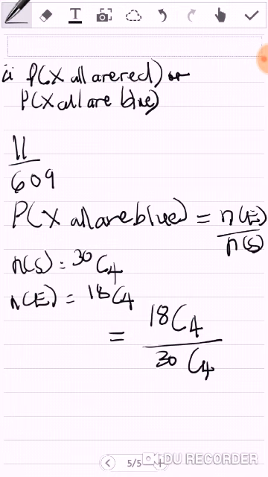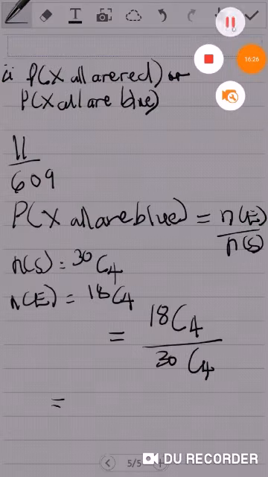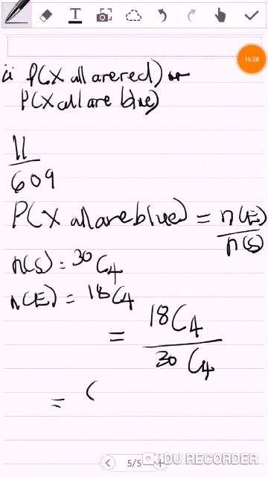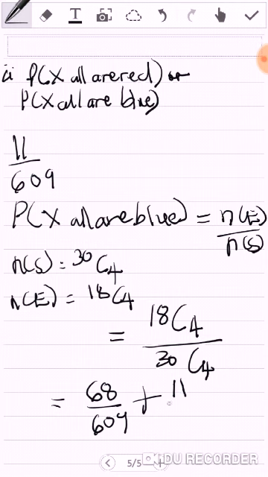So in all, we are going to get 68/609 plus that of the red. We've already solved it in the previous one, 11/609.